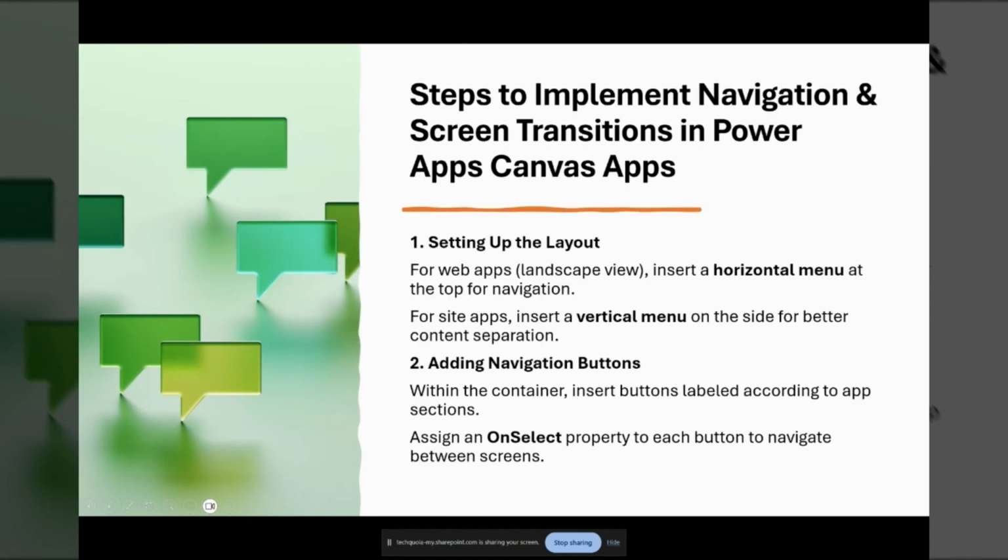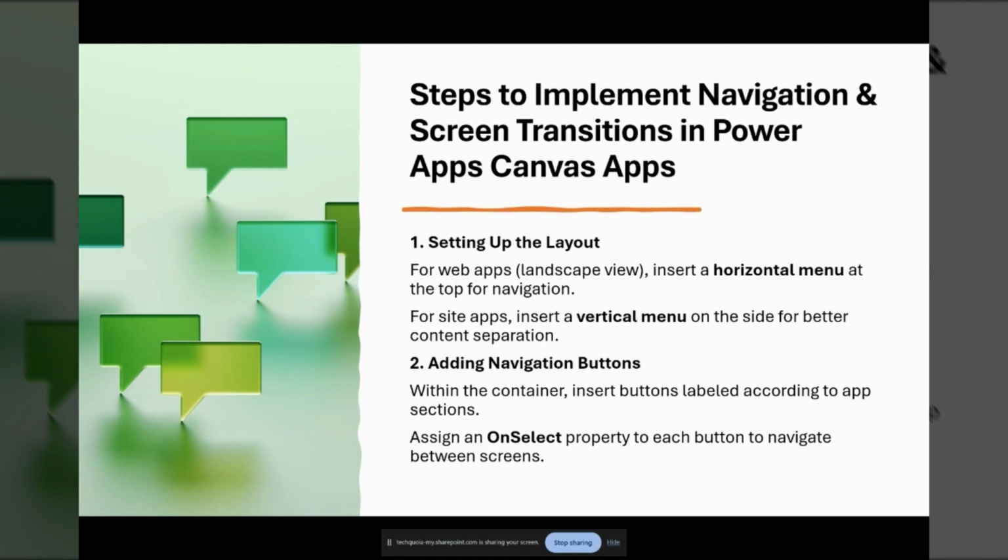Now, the steps to implement navigation and screen transition in Power Apps would be, one, to set up the layout. For web apps, we're going to use landscape view. We're going to insert a horizontal menu at the top for navigation. And for the side tab, which is the tab view, we're going to insert a vertical menu on the side for better content separation.